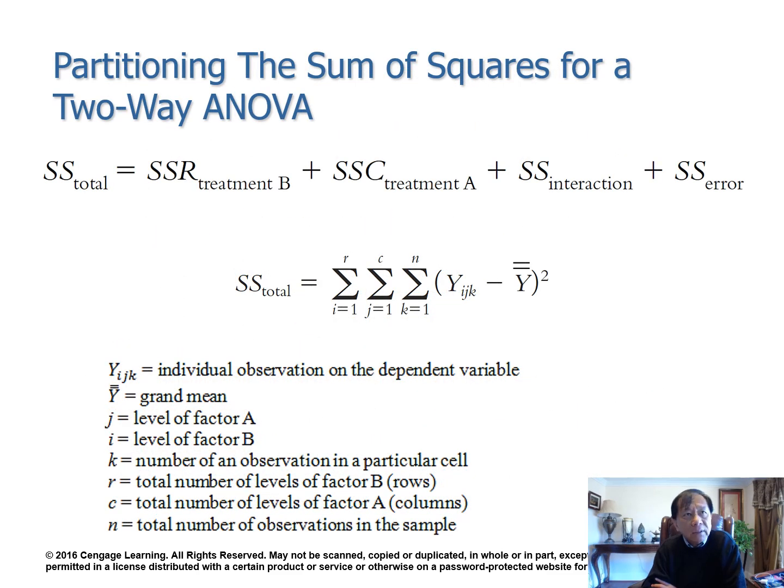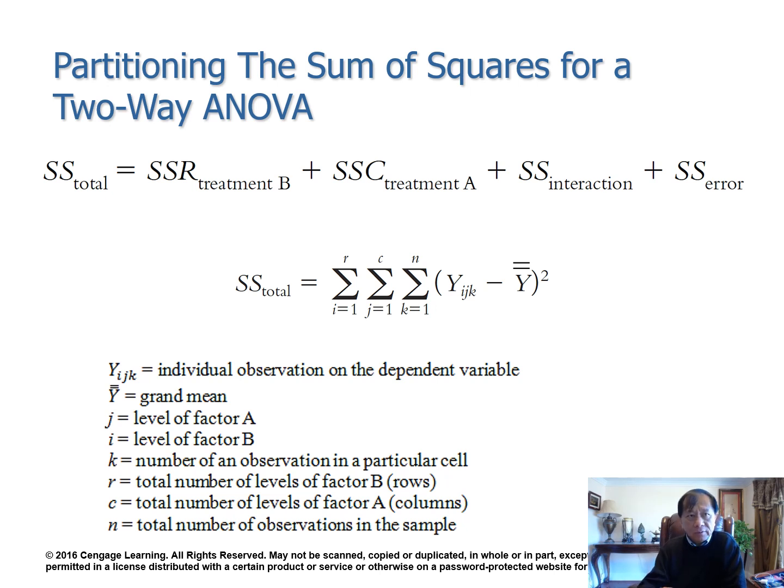This is the partitioning of the sum of squares for two-way ANOVA. With two treatments, A and B: sum of squares total, sum of squares of treatment B, the rows, the sum of squares of treatment A, and the interaction and error.